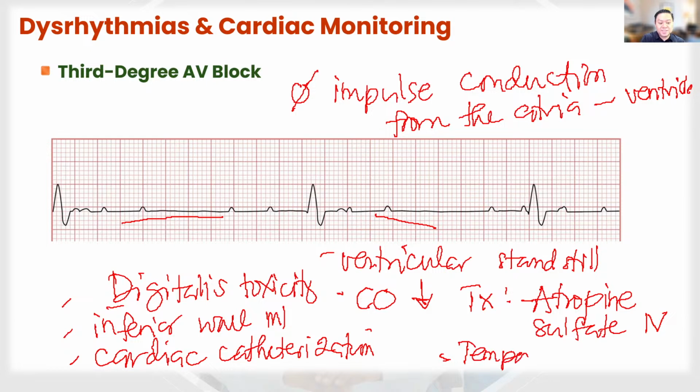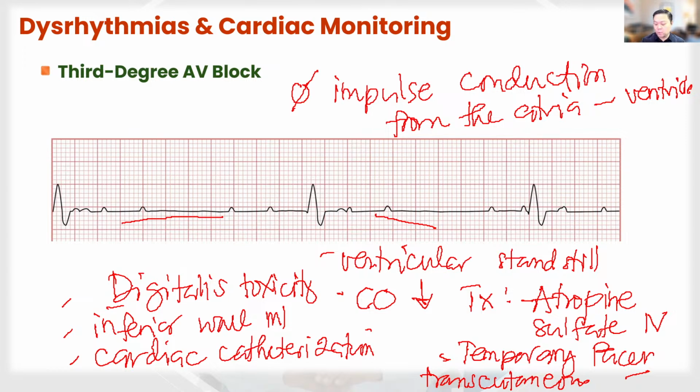Now, another nursing preparation here is to prepare the patient for the placement of a temporary pacemaker, the transcutaneous pacemaker. So our goal here is to make sure that we are capturing any more, and we're not wanting to cause worsening of the heart block.